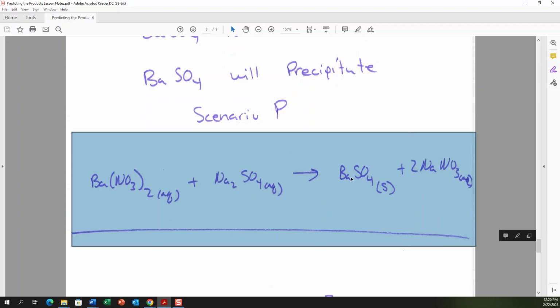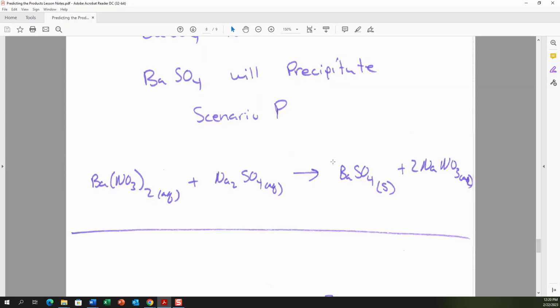But when the barium and the sulfate bump into each other, they precipitate out. They form a solid. So what would this look like? This would look like water. This would look like water. We mix the two, and all of a sudden, we get a bunch of solid particles forming in our solution, and they would slowly fall to the bottom, right? And that's what a precipitate is, okay?